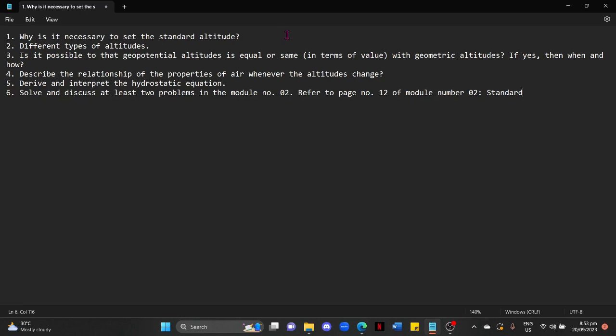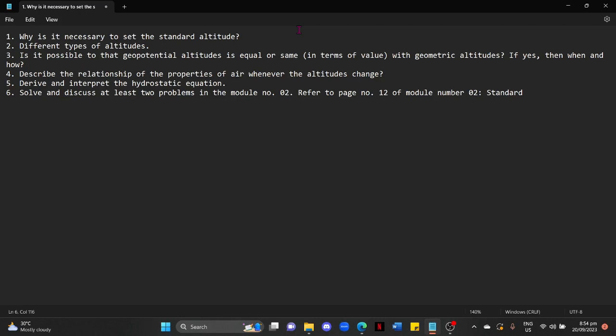It is necessary for us to set standard altitude because in the field itself, if gagawa ng aircraft, the effects in different altitudes vary depending on the parameters, depending on the density, depending on the pressure, depending on the temperature. If gagawa tayo ng aircraft, ayun yung mga makaka-apekto ng performance niya.